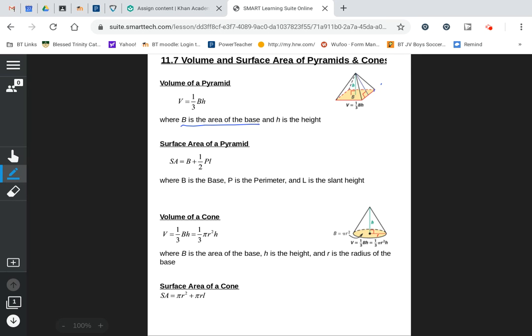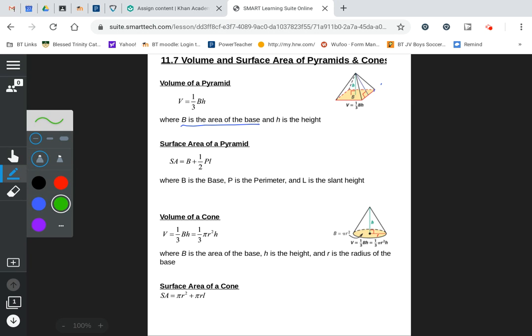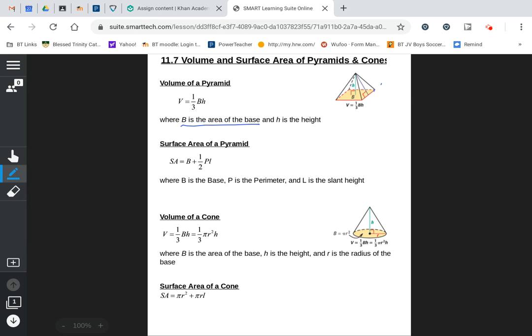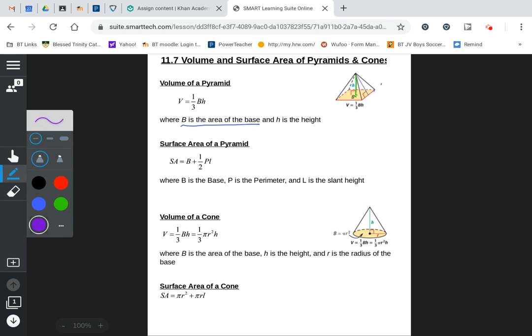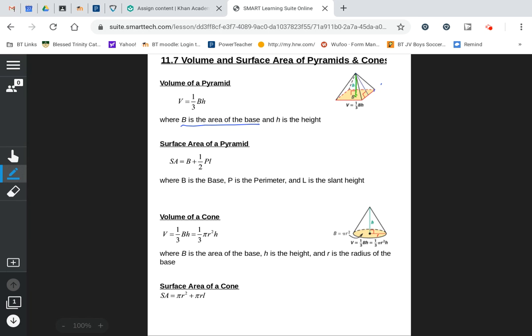Now, you'll look on the diagram here, and we see that H is already kind of drawn in for us. The height is always drawn from the apex to the dead center of whatever base we're looking at. That's the height, straight up and down.